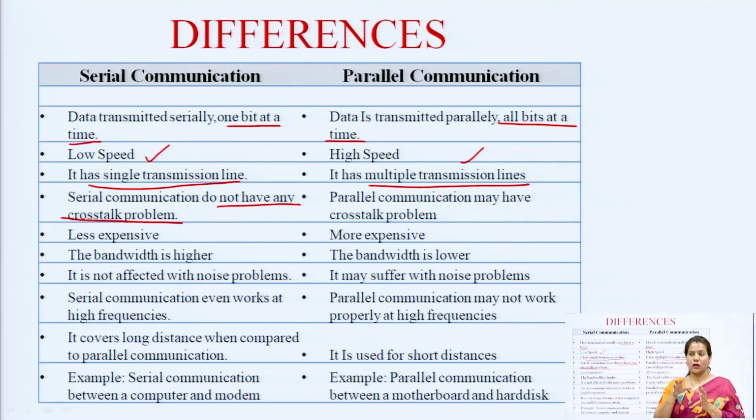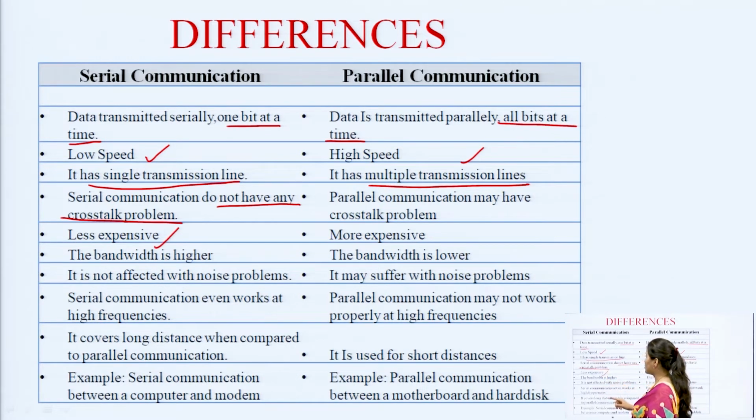Since all the bits are transferred simultaneously on different lines, the bits can disturb other signals. This is known as the crosstalk problem. In serial communication we do not have multiple lines for data transmission, the data is sent serially one bit at a time. So, there is no crosstalk problem.